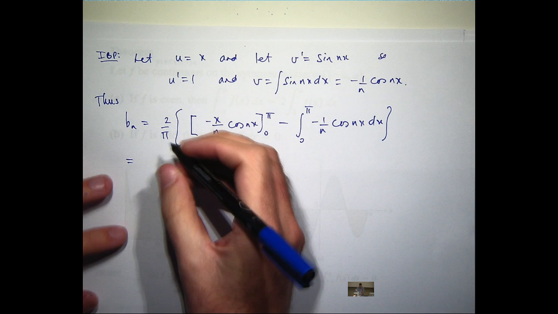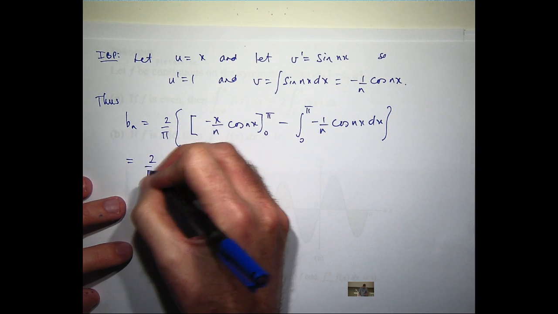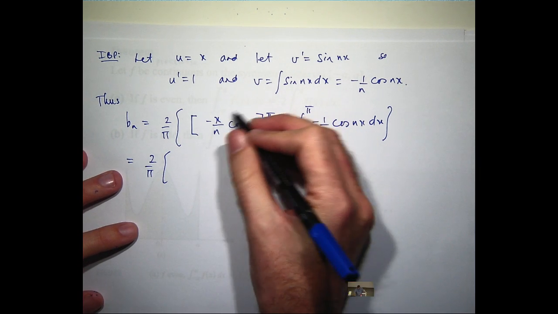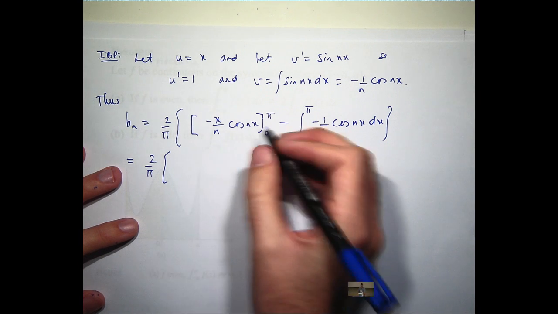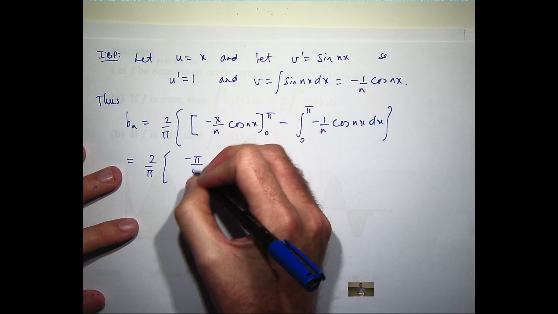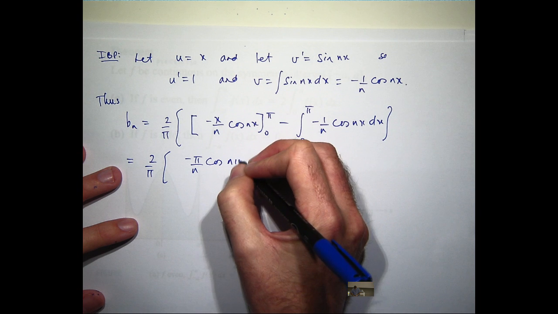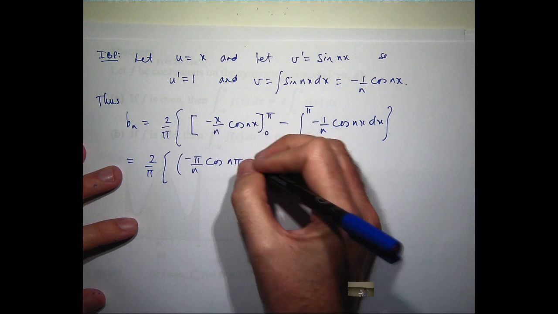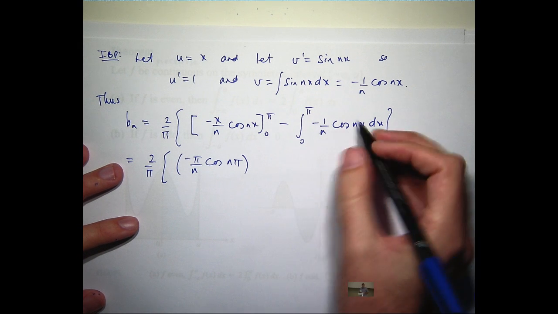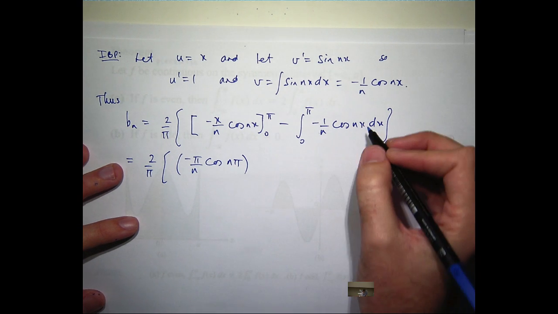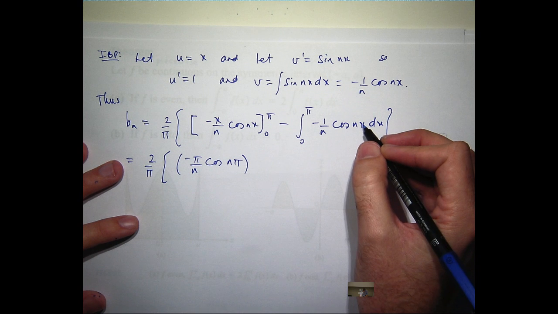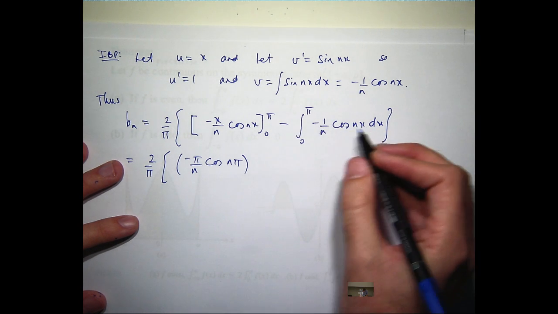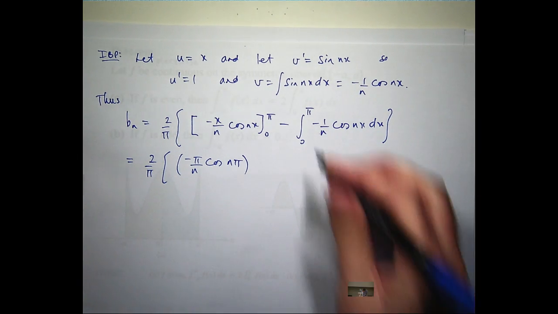So when I plug in x equals pi, I'm going to get the following. When I plug in x equals 0, I'm going to get 0 here, so there's no other term to worry about. So let's integrate cosine nx. Okay, the negative and the negative is going to give us a positive. When I integrate that, I'm going to get something like sine nx.